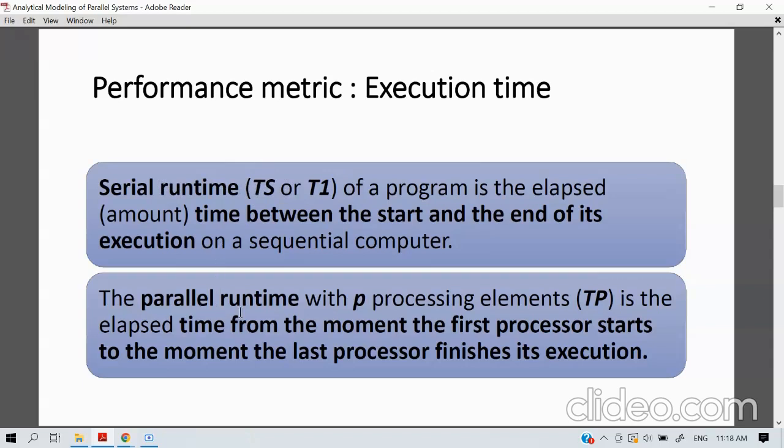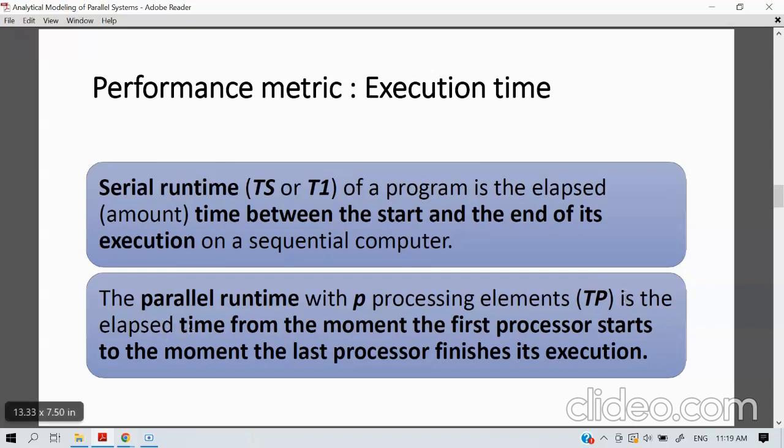So how about parallel runtime? For parallel runtime, we need to consider P. What is meant by P? The processing elements, because it consists of more than one processor. It is represented as TP. So how to measure the runtime?